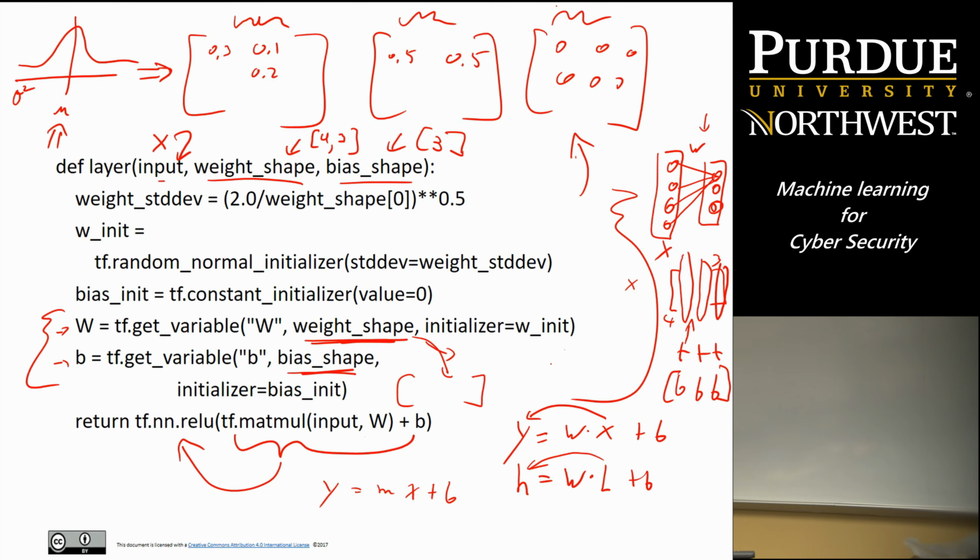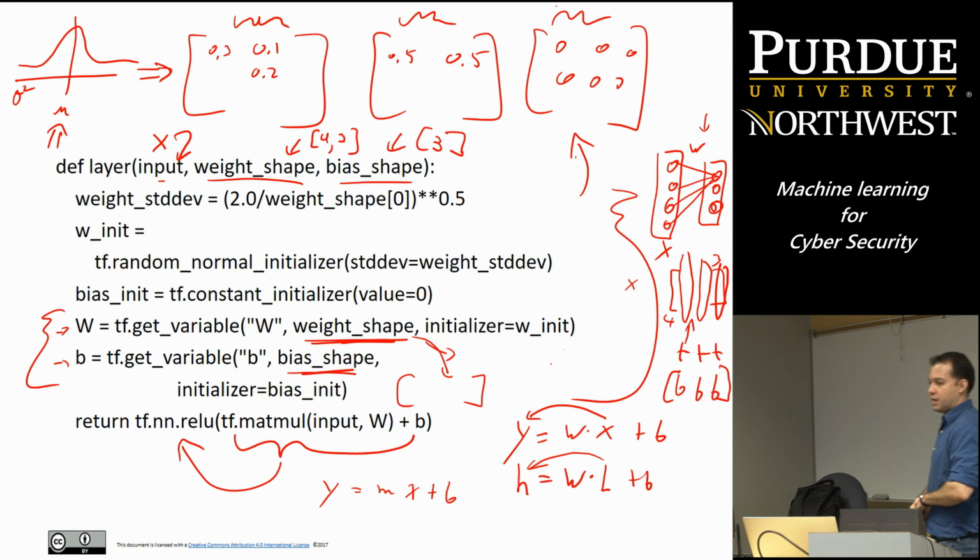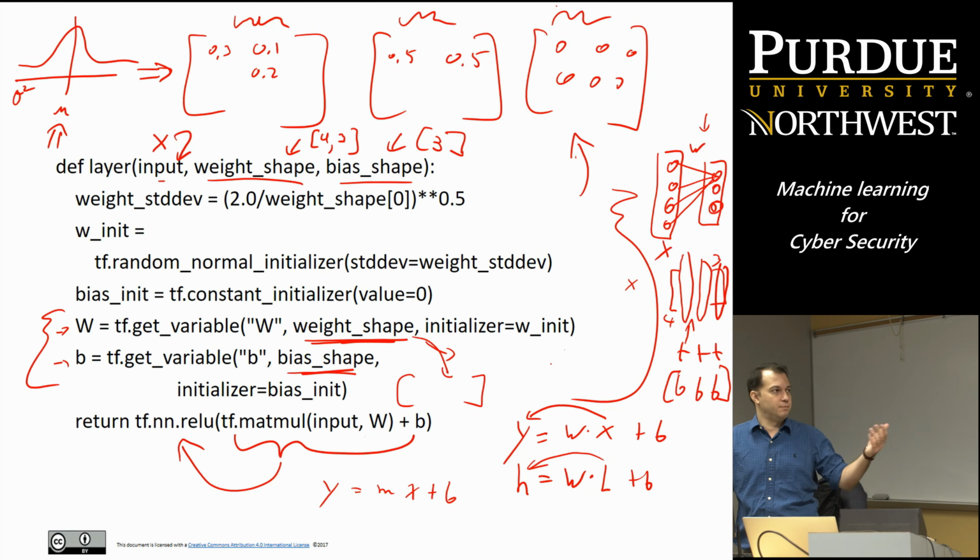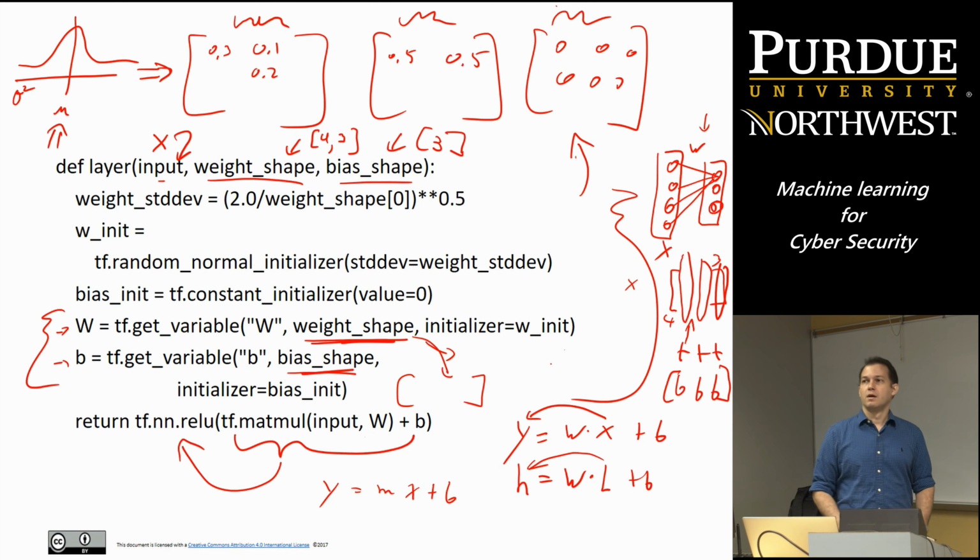And then all of this gets plugged into the activation function tf.nn.relu. Now there are many activation functions that we haven't explored, tanh and whatever. This is currently considered to be the best one. Why? That's a proof beyond the scope of this class, but you can always look it up and convince yourself of that.